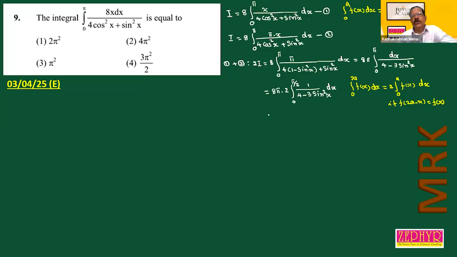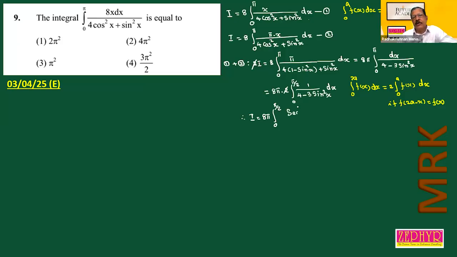Now what do you have to do? We can cancel these two. Therefore, I equal to 8 pi into. You divide the numerator and denominator by what? Cos squared x.